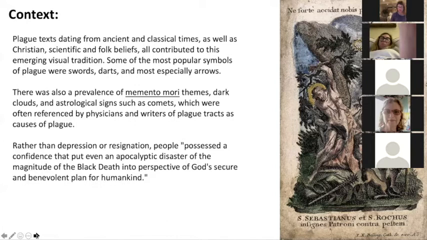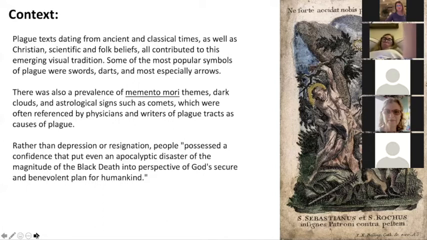Then there's the idea of the memento mori. Memento mori is this idea that we all know we're going to die, but it's a symbol. So it's almost kind of dust to dust, that we all will return to the earth. Sometimes there were family symbols, and they could play out in other ways.